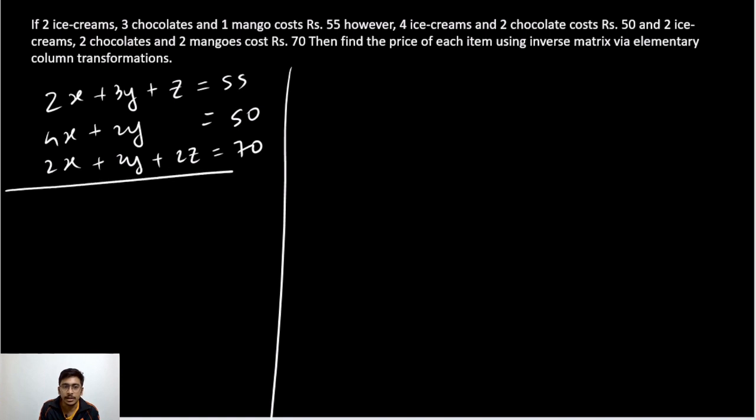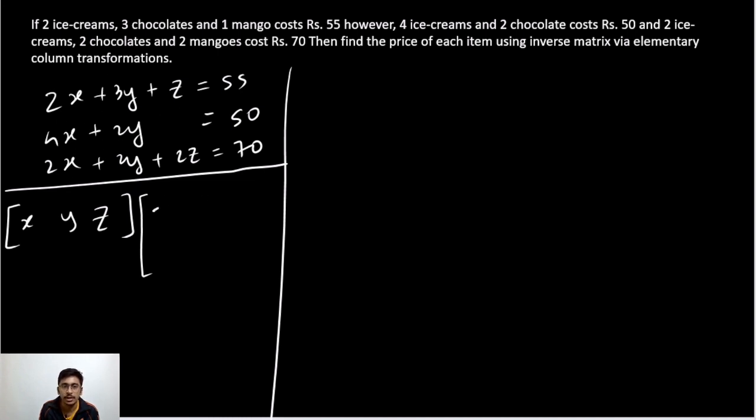Let's simply, okay, they are asking to do column transformations. So for column transformation, we would write xyz in the first row because we don't want to change xyz. If we write xyz like this, then how can we write this matrix? Well, we have to do a transpose.